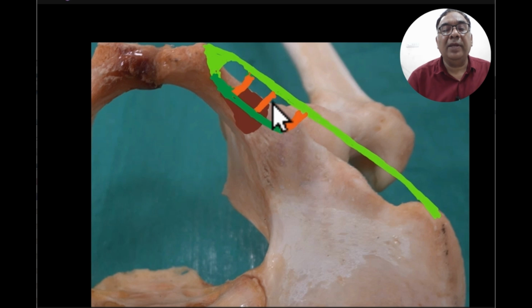This is the lateral compartment, this is the intermediate compartment and this is the medial compartment. The lateral compartment has the femoral artery and the femoral branch of the genitofemoral nerve. The middle compartment has the femoral vein, and the medial compartment has the lymph node of Cloquet and some lymphatics.